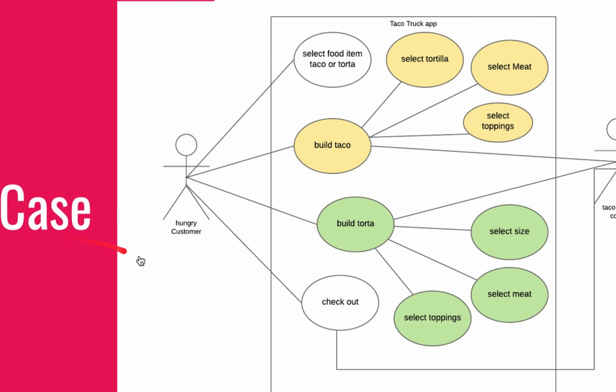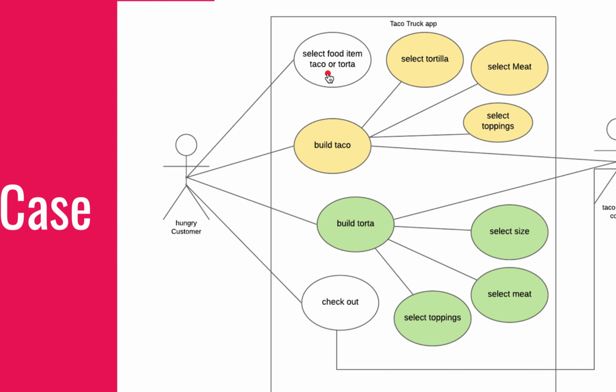This is our very hungry customer. The user would log into the application. If the application is not set up to use a login, it would just go straight to the food item selection, and the user is going to select the food item.